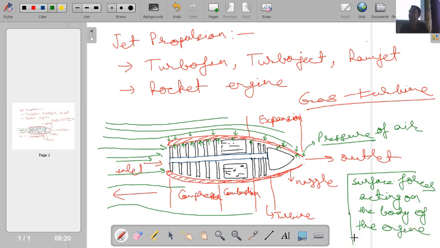So whatever surface forces are acting on the body of the engine, these will create the resultant force which is acting on the object.